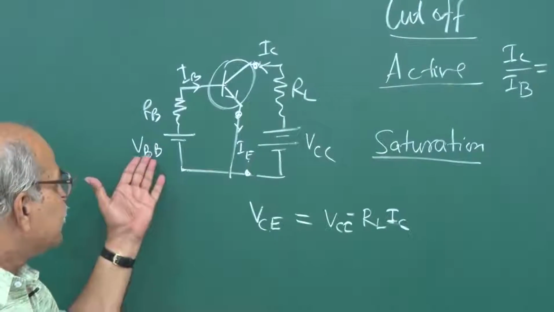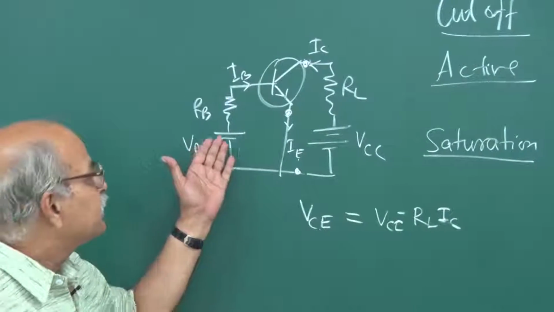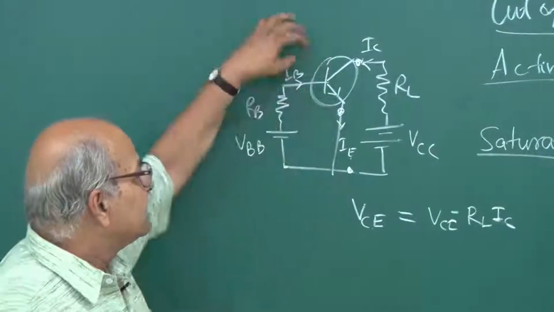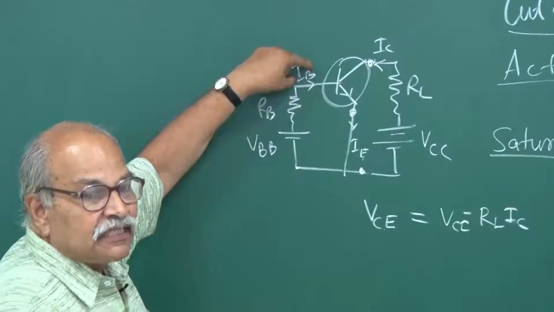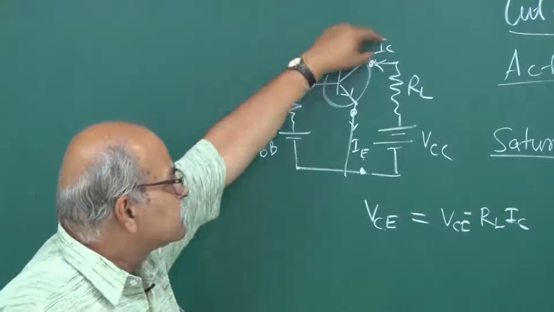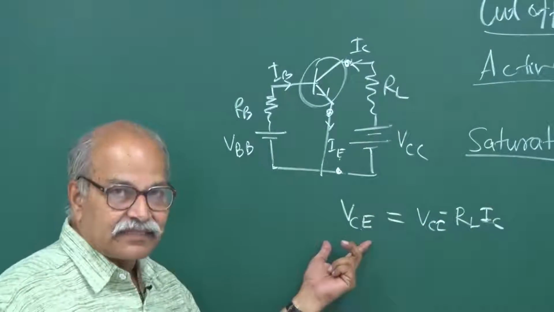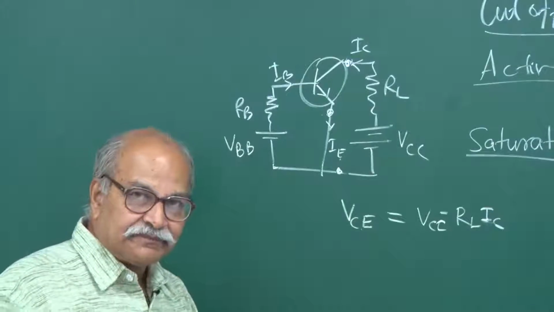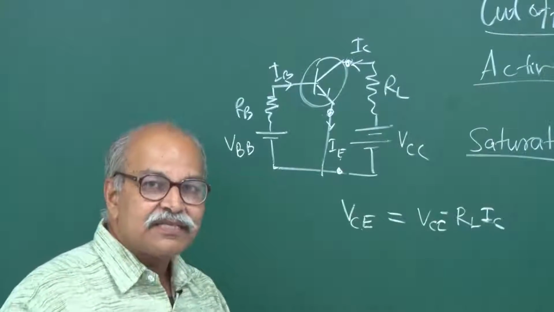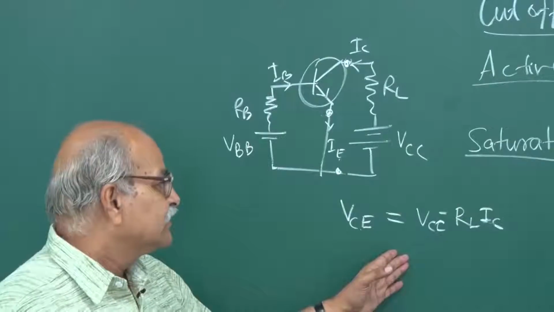But what happens if I increase this VBE, if I increase this IB? If IB is increased, IC is increased, and if IC is increased, then VCE is decreased. So, the reverse bias voltage decreases, okay?